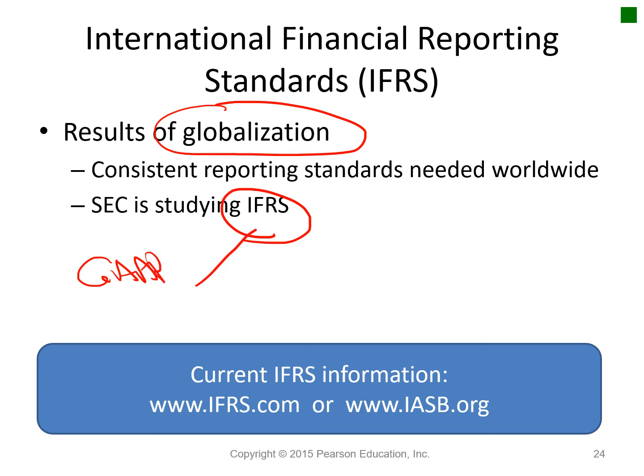They were comparing GAAP with IFRS, and they were trying to merge them together. And they're still looking at this, but I think they've kind of determined that it's very difficult to completely change everything just to say we've got one set of rules. But if you ever come across IFRS, that's the international rules. But remember that our stuff still here in the US is still US GAAP based.